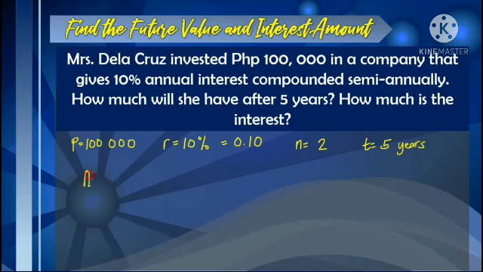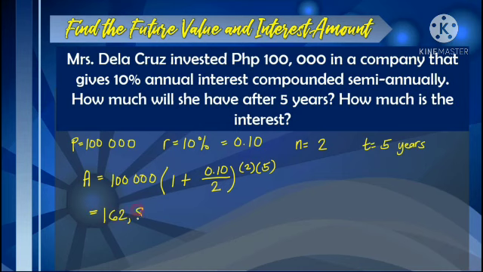The future value is given by the formula A is equal to the principal value, which is the 100,000 times 1 plus R, 0.10, over the compounding period, which is semi-annually, and it is given by the 2, raised to the power of N, which is 2 times the time, which is 5 years. So we have this as our solution.